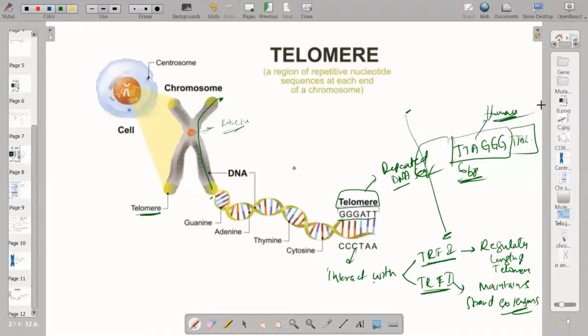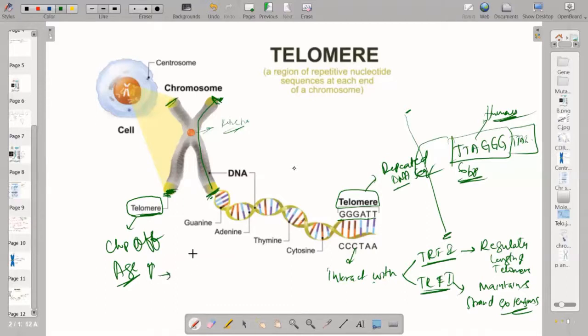Now, the important thing is these telomeres will start to chip off. As your age increases, the DNA will be damaged from the tips. Your chromosomes are damaged from the tips, and the telomeres get destroyed.